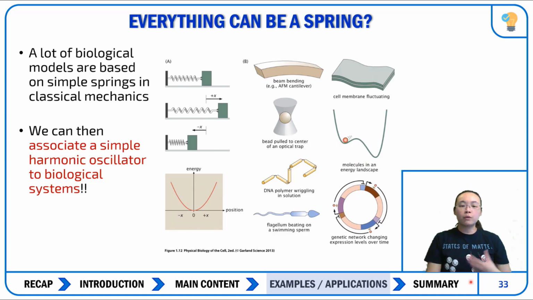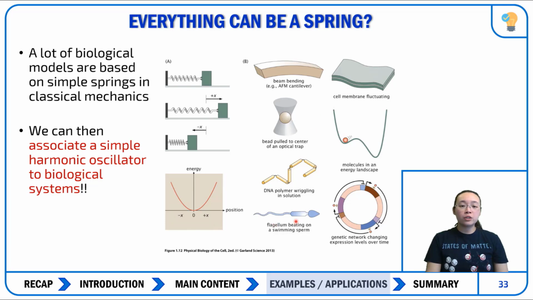If you're doing AFM imaging, imagine this is the tip of the AFM cantilever. The more it presses down, the more resistance there's going to be from the surface, which means there's going to be a bend. The more the bend, the more potential energy that's stored in the spring. You can use optical tweezers. A fluctuating cell membrane would involve some sort of energy as well.